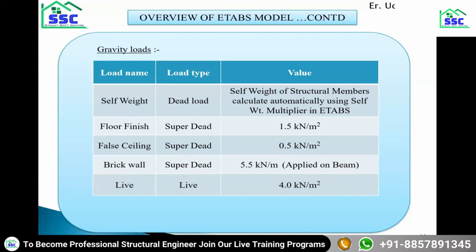The first load is the self weight of the structure, whose load type is assigned as dead load. Since you all are familiar with Etabs, the self weight multiplier is kept 1 for this load pattern, so that the self weight of structural members is calculated automatically using Etabs.